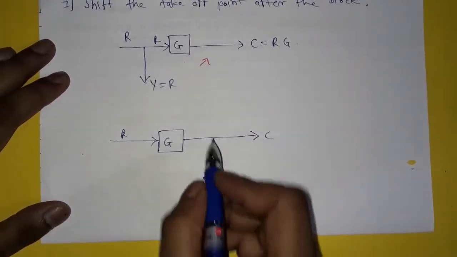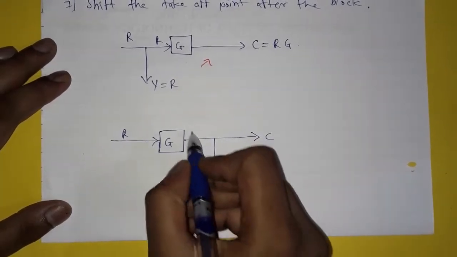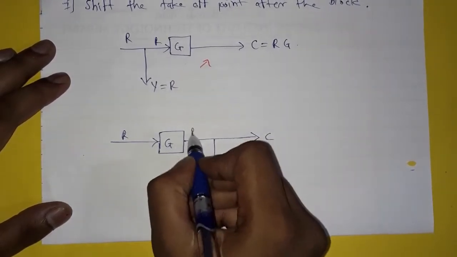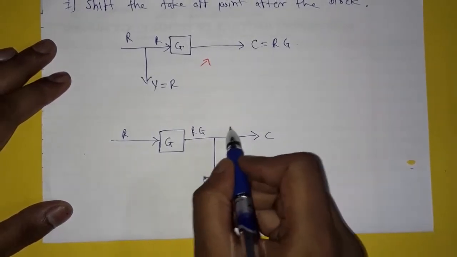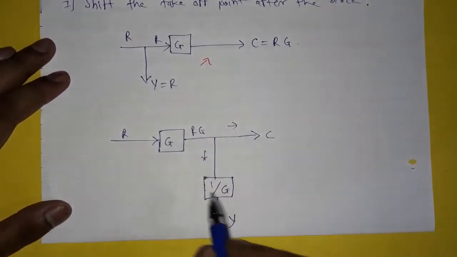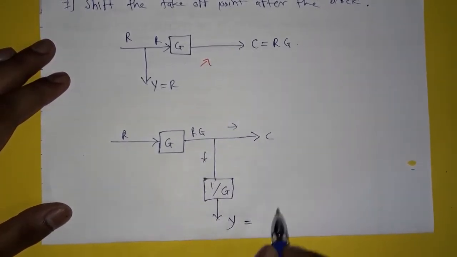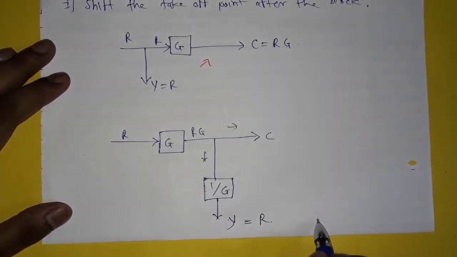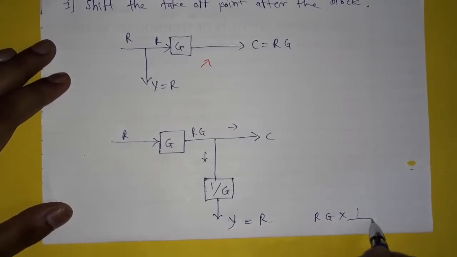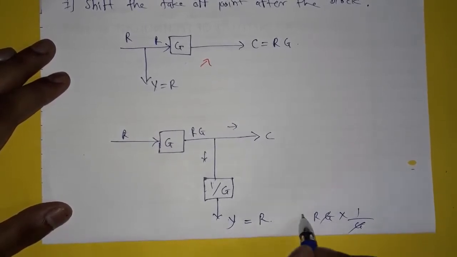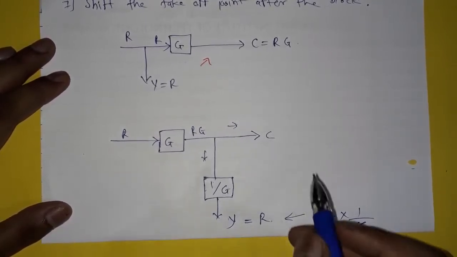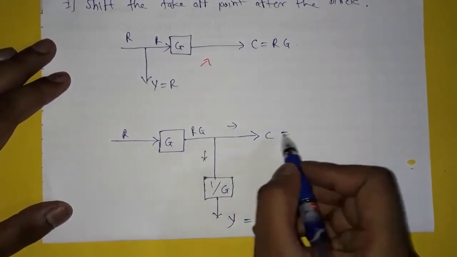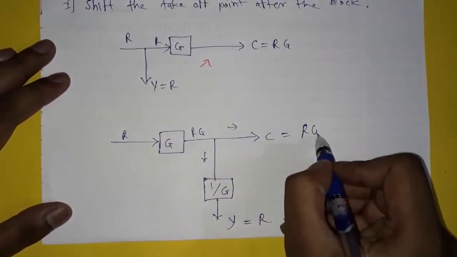Then its output will be RG. This RG will go here and here also. So here Y is equal to RG into 1 upon G. G gets cancelled, so R, and C is equal to RG.